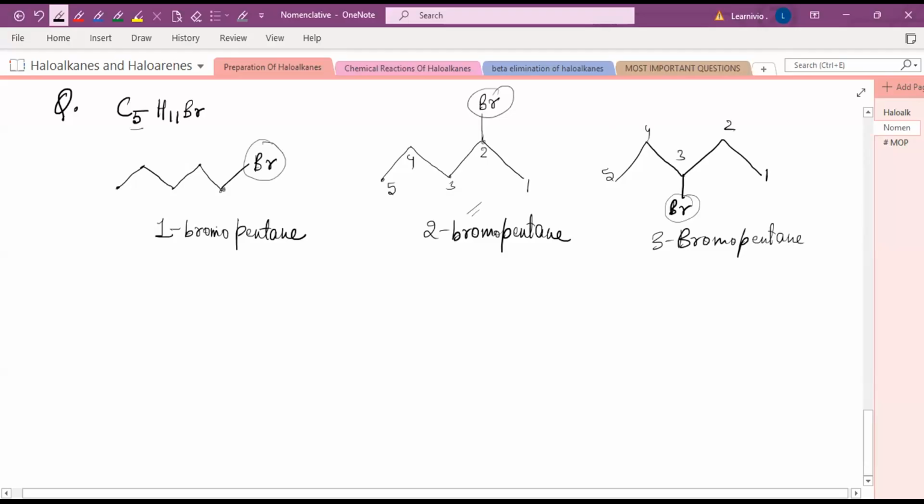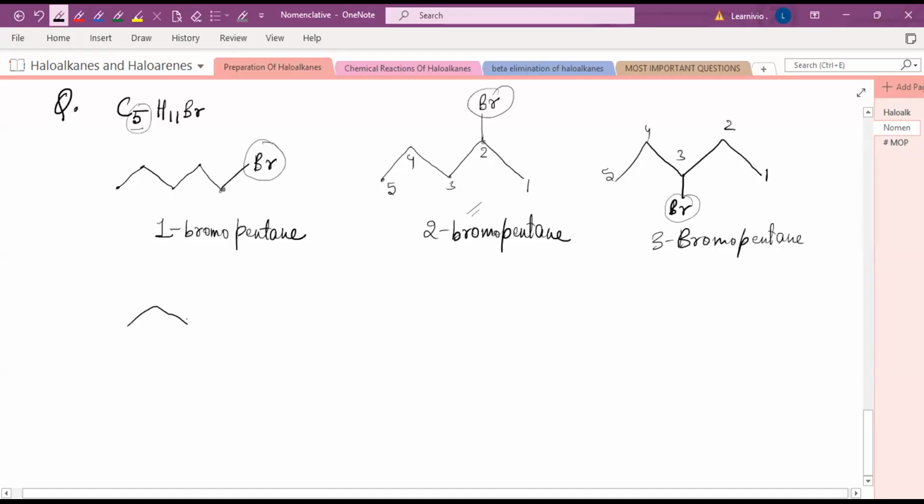Now just try to make a branch. When you attach one CH3 group as a branch, for example, if this is your butane structure, there are 5 carbons in total, so just remove one carbon from this.